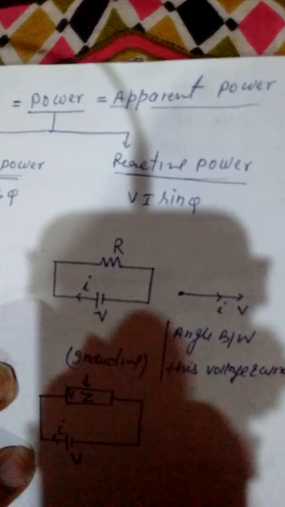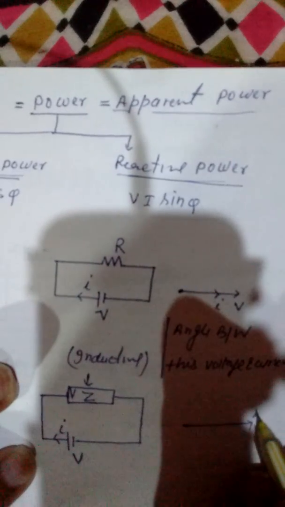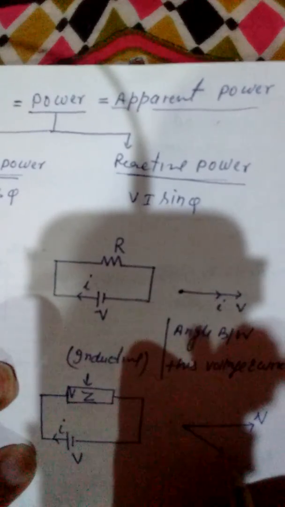If this is inductive, then if you draw the phasor diagram of this circuit, this will be V and the current will be like that.